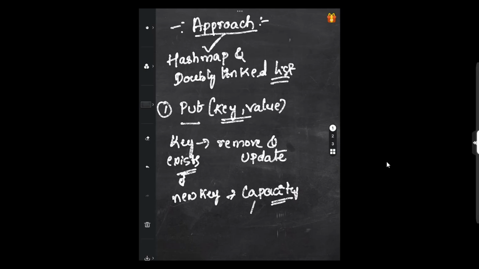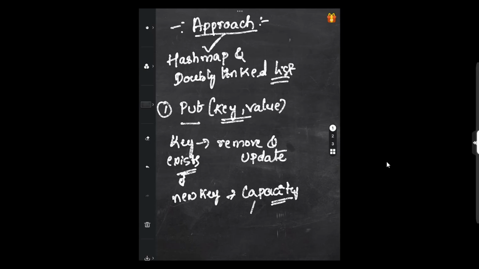We will remove the least recently used item. Nothing but the first item in the map. We will be removing the first item that is present in the map, which will be least recently used. So this is important.